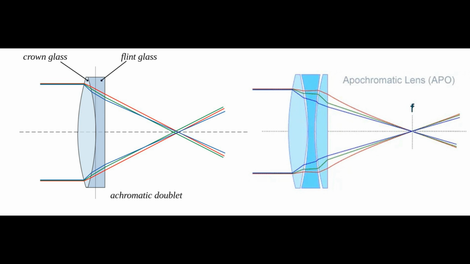This approach demands a high level of accuracy in production and is perhaps less effective than very high Abbe number glass, but it has the benefit of producing a more natural looking image.